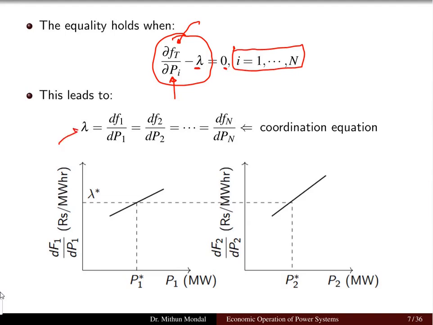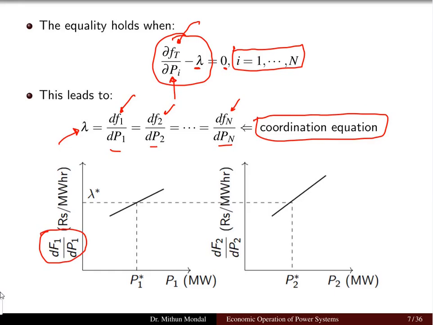This leads to a function lambda, the incremental cost, which is equal for all the corresponding power plants generating P1, P2 and Pn, with corresponding cost functions F1, F2 to Fn. This equation is known as the coordination equation. If we try to see this equation graphically, on the y-axis we have the fuel cost with respect to power for two particular power plants.